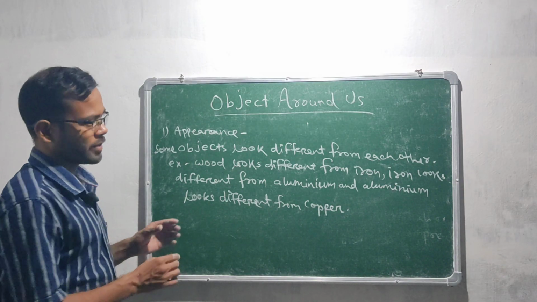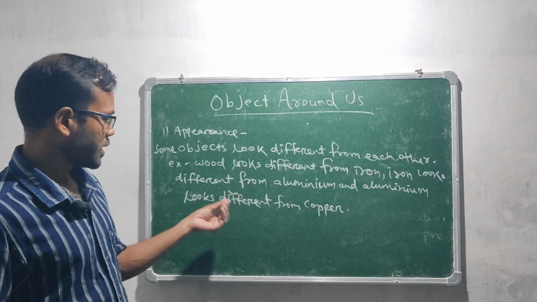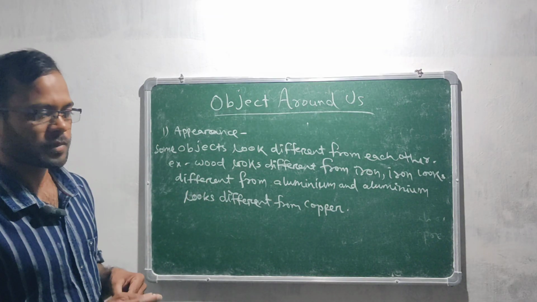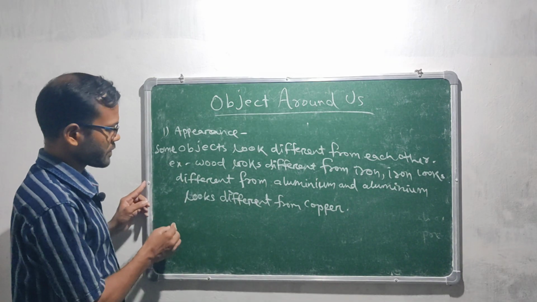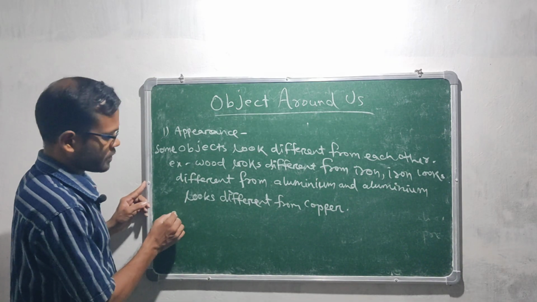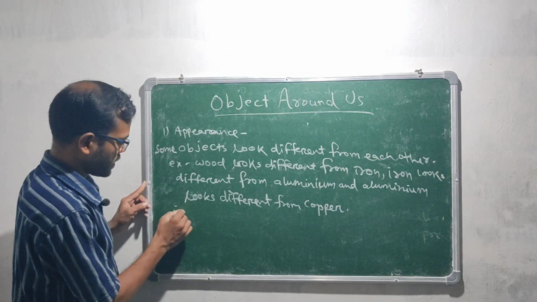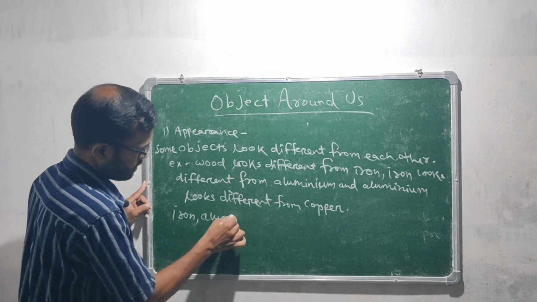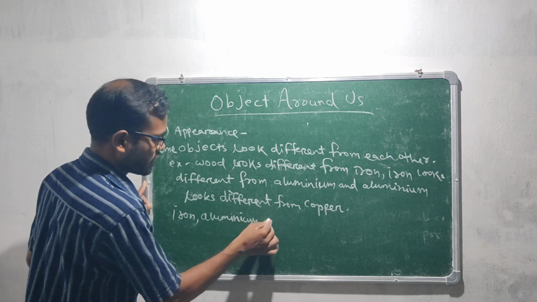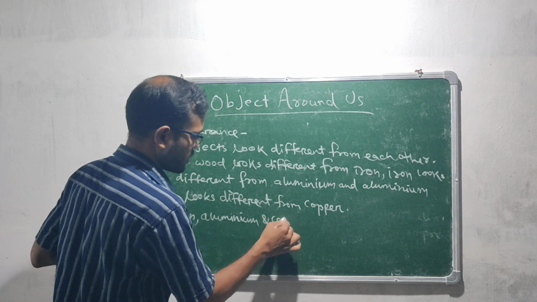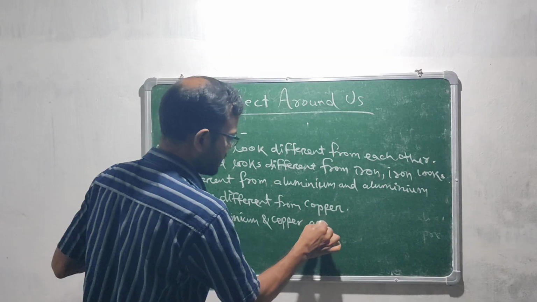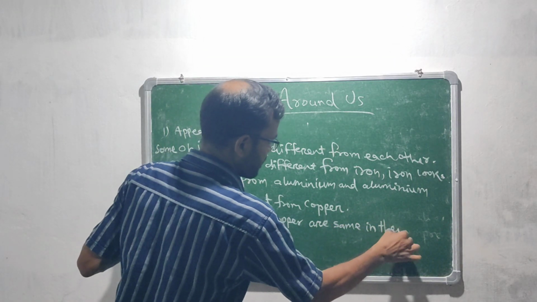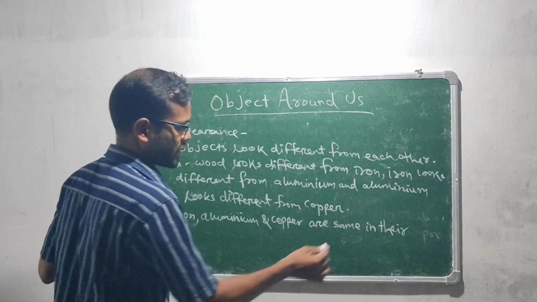But if we compare iron, aluminium and copper, these are the same in their properties. So we can say iron, aluminium and copper are the same in their properties.